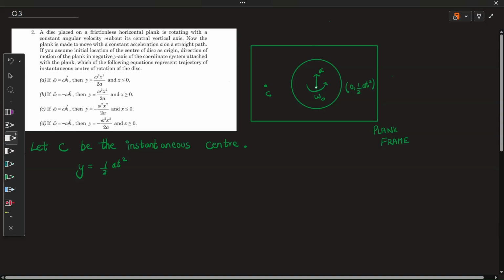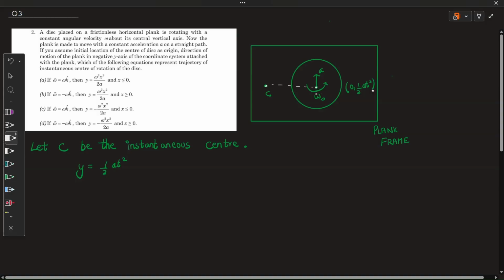So this coordinate gets shifted to either this side or the other side, but they lie on the same horizontal line. Why? Because the rotation with respect to this center should be maintained, as well as this vertical velocity should be maintained. So it should shift only in the horizontal direction.